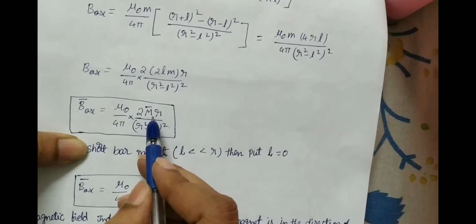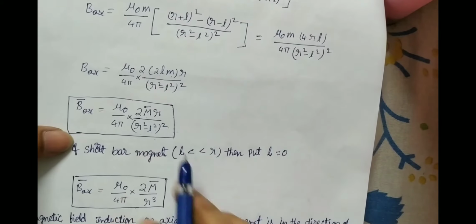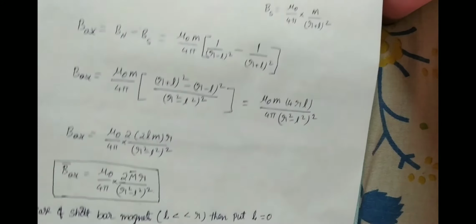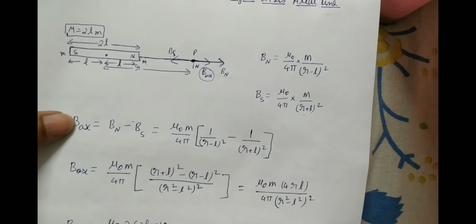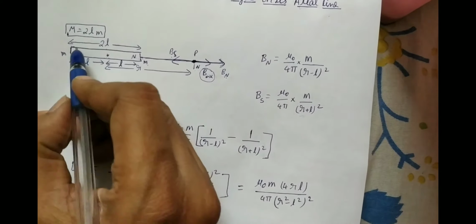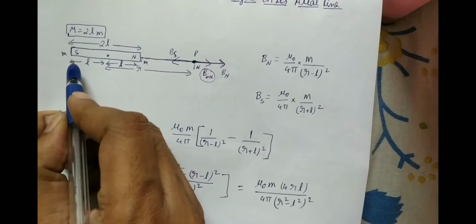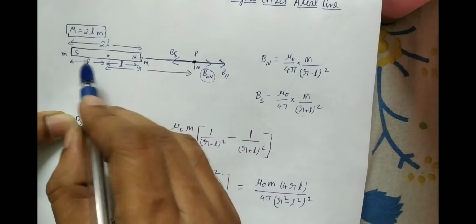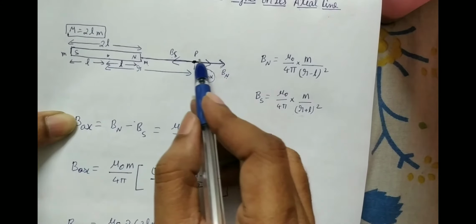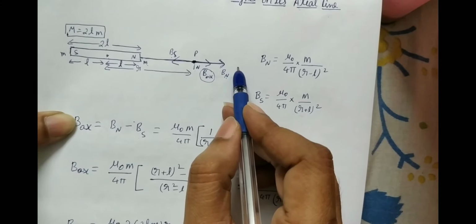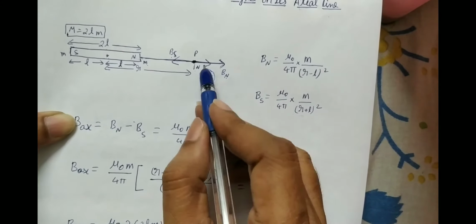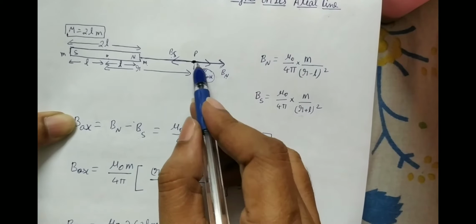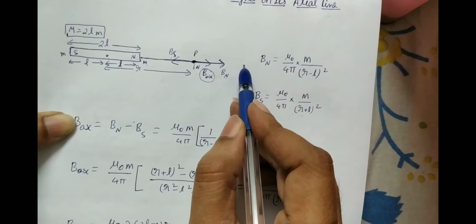On the axial line, you see that the magnetic moment direction is from south to north. The resultant field also acts from south to north, that means in the same direction as the magnetic moment. Because Bn is more than Bs, the resultant field acts away from the magnet.